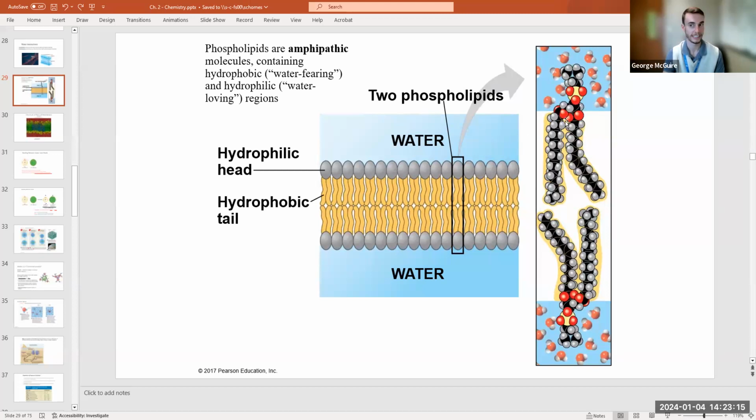So the phospholipid itself is composed of a glycerol head with a phosphate attached to it. And this glycerol head is hydrophilic. It can interact with water. And then these phospholipids also have two fatty acid tails. And these fatty acid tails are nonpolar, meaning they are hydrophobic, and so they cannot interact with water.